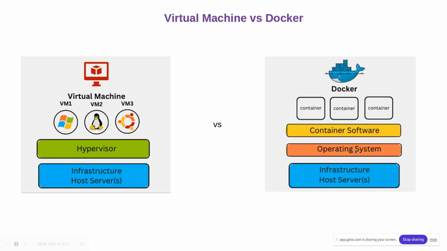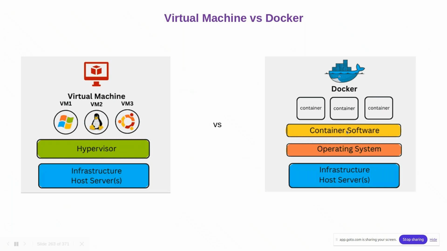The operating system may be Linux or Windows or Mac, whatever it is. On top of that, we are going to have one container software that is called Docker software. This container software will be acting as a hypervisor here, just like for the virtual machine, it is acting as a hypervisor, right?